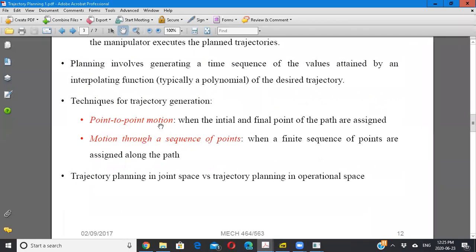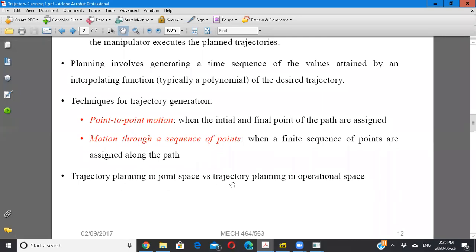And a pick and place application, let's say, where you need to pick something and place something. As long as there is no obstacle around the robot, it doesn't matter whether the end effector goes in a straight line or in an arc, as long as it is just picking it from a point and placing it at some other point. So sometimes the shape of the path matters, sometimes it doesn't.